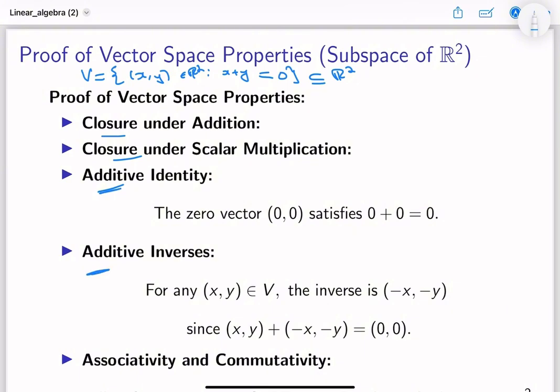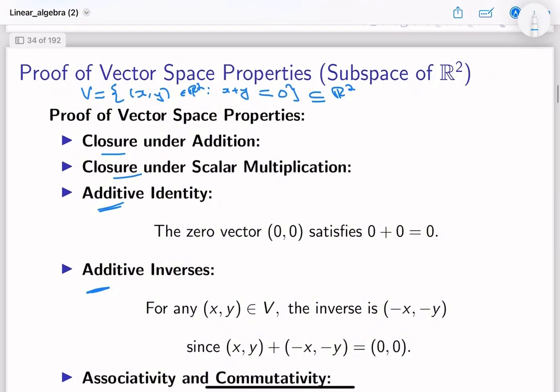Once we check these, the rest of the axioms of vector spaces will follow easily, because we're using the same operations of R2, okay? So why do we have closure under addition?